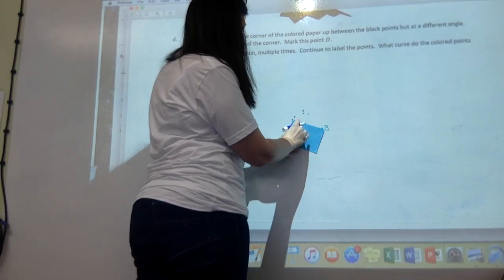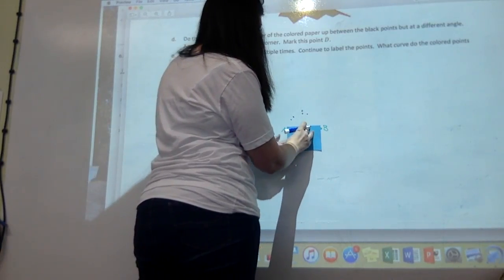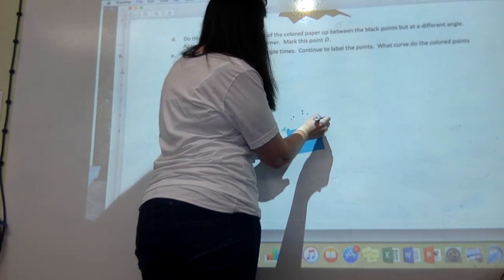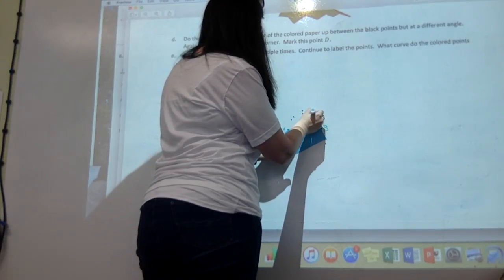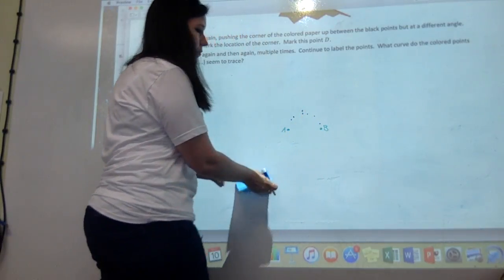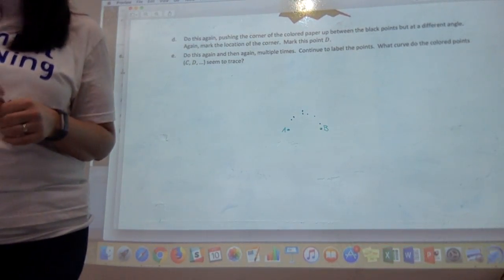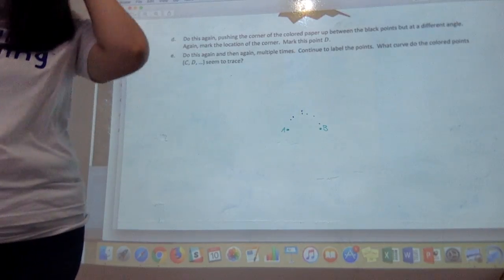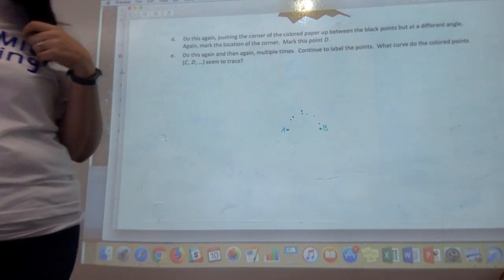I'm going to make like a half circle. So it says do this again and again, multiple times. You don't have to label them.